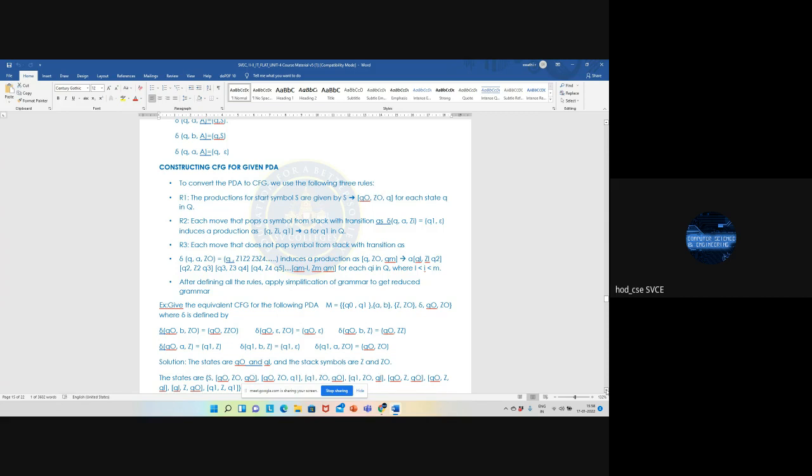So likewise we have to convert the given PDA. We'll see one example.